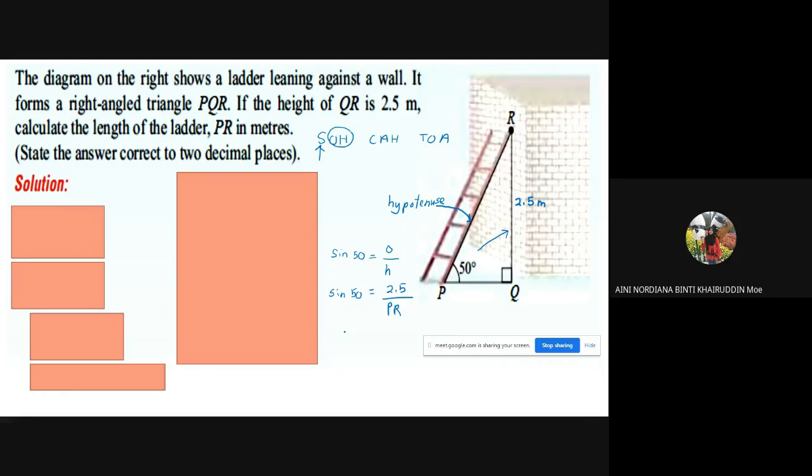So how to calculate PR? Easy, you just change the position of PR and sine 50. So it becomes PR equals 2.5 over sine 50.